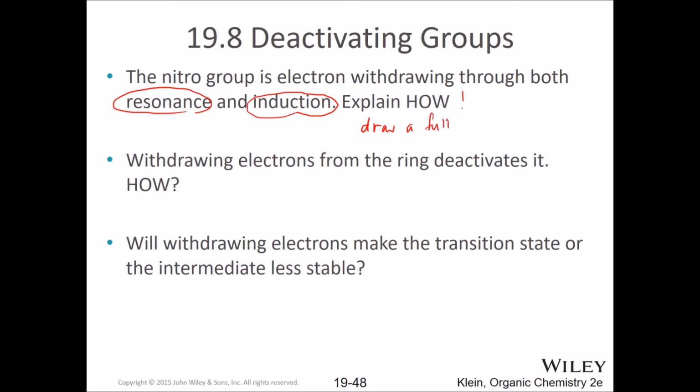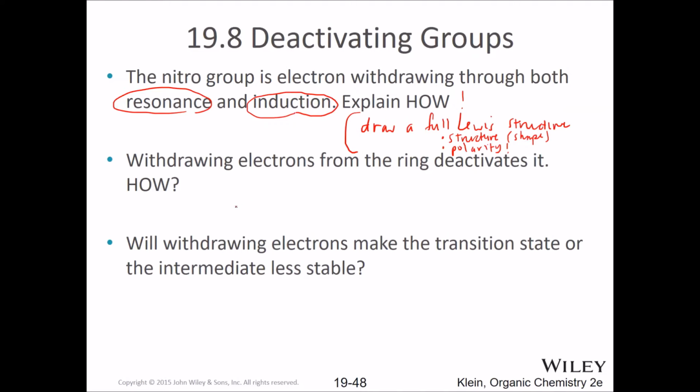Draw a full Lewis structure and consider the two factors: structure, that is shape, and polarity, electron distribution. Explain how it's withdrawing through both of those. Do that with a paragraph. Pause the video and do it now, and bring your answer to class.